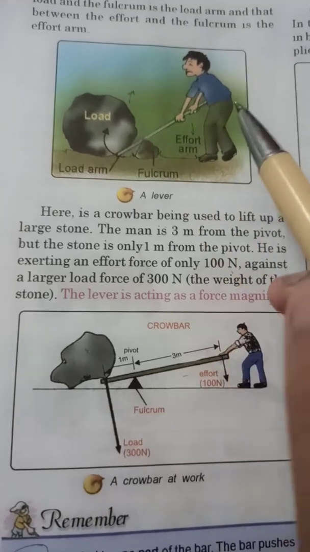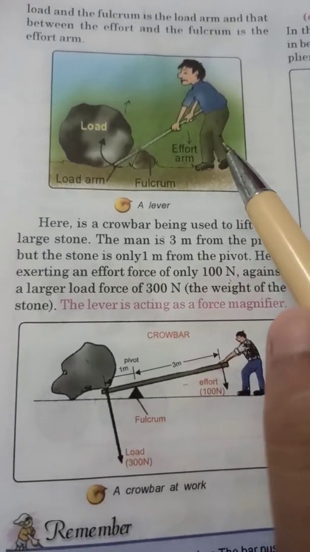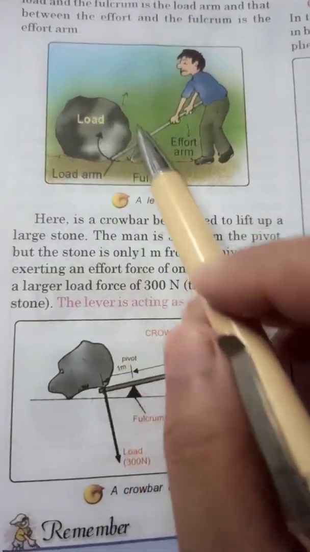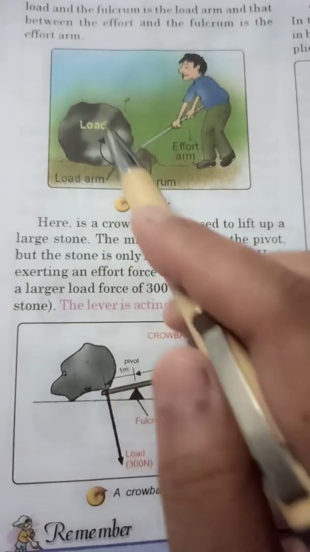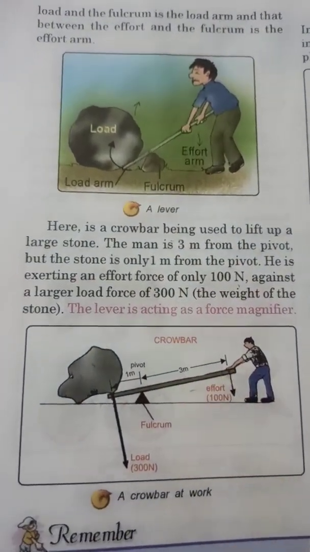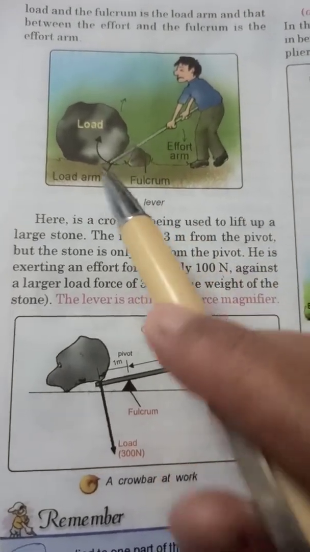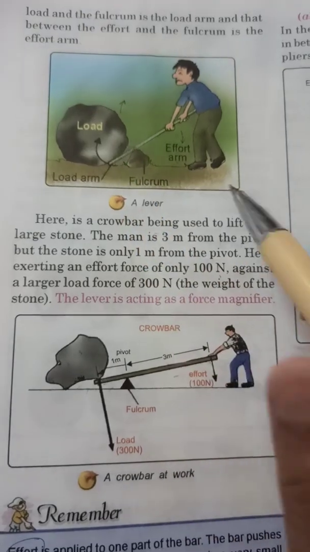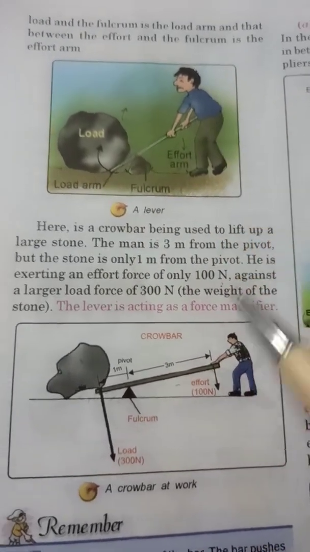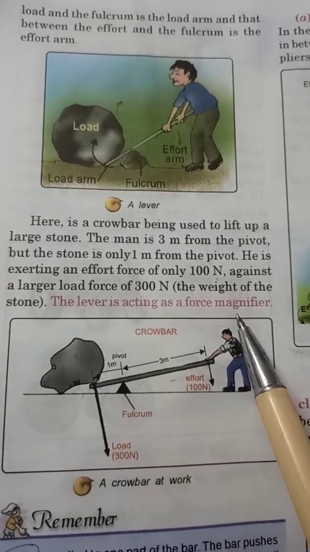Now see, the force that this man can exert is 100 Newton, okay, but the load, this rock, is 300 Newton. So obviously it will be difficult for him to lift it, right? The lever is acting as a force magnifier.